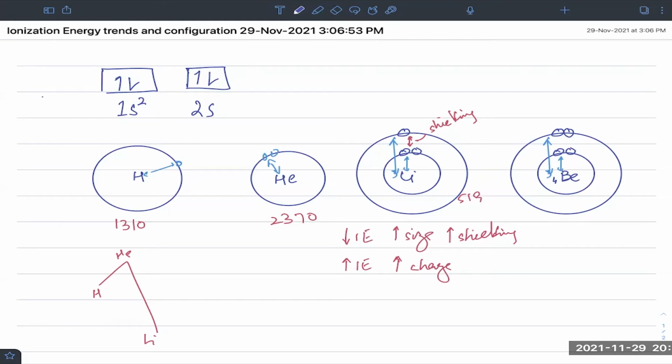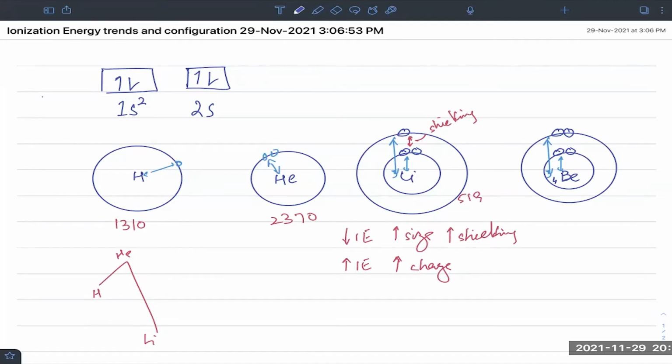So beryllium is slightly smaller than lithium, but it has roughly the same shielding, so no change in ionization energy because of that. But the size decreases. Why is it smaller? Because there are more protons pulling on the same electrons.